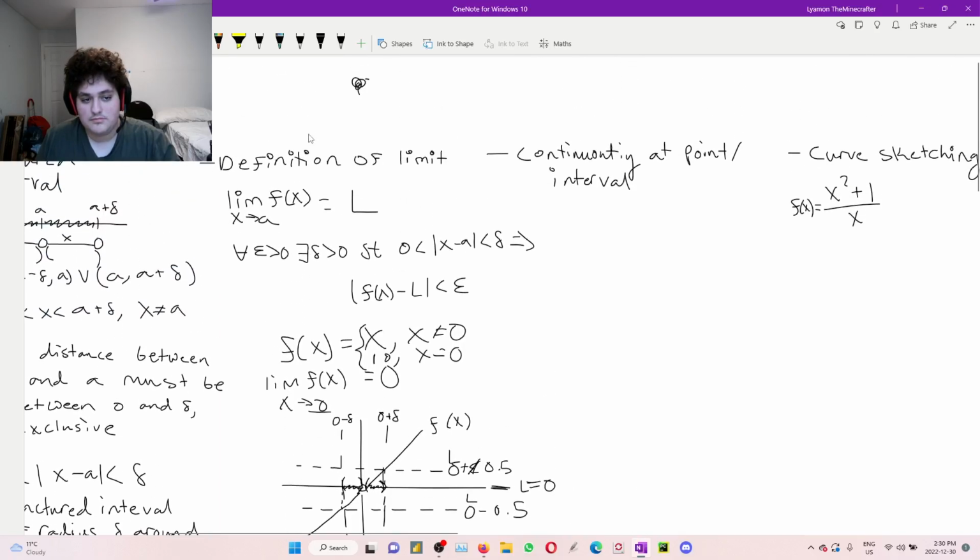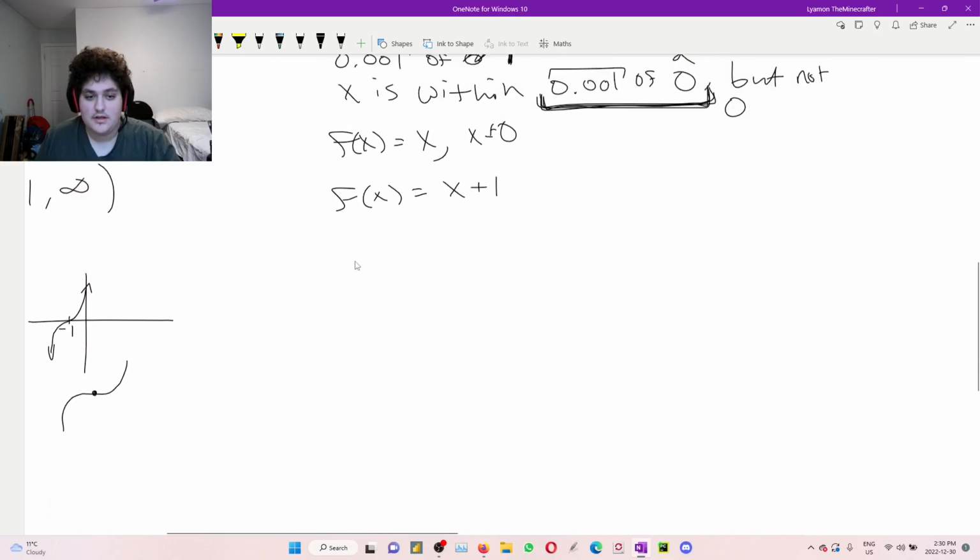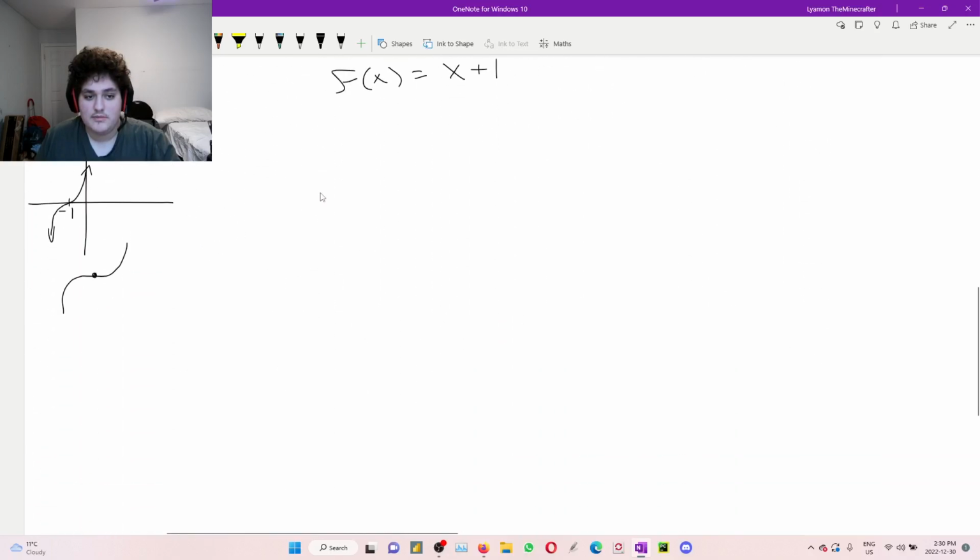So let's do an example. Let's say I wanted to show that the limit of x squared as x approaches 2 equals 4, right?